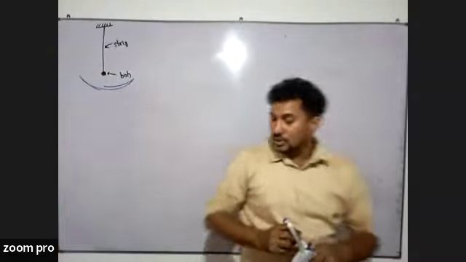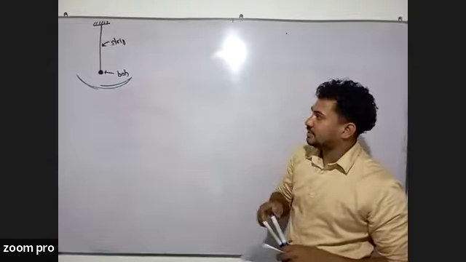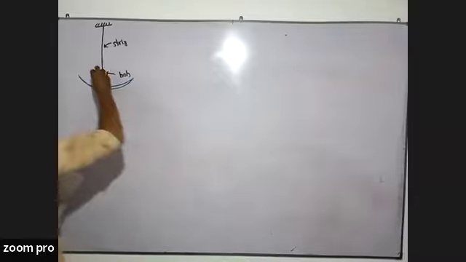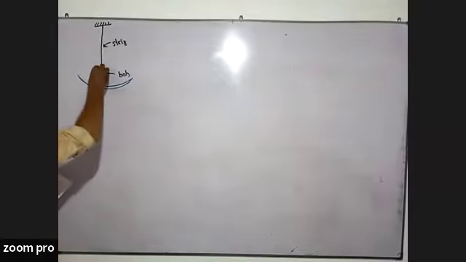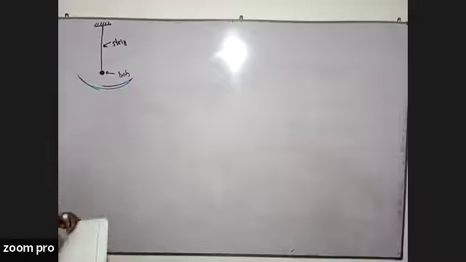You can obtain this motion in a grandfather's clock, isn't it? If you attach an object with a string to a ceiling and give some force, then this object moves in this kind of motion. So that's the meaning of simple pendulum, right?